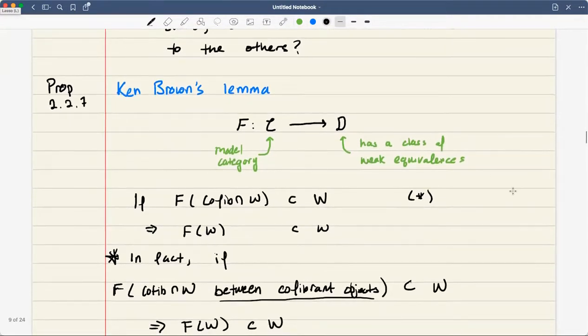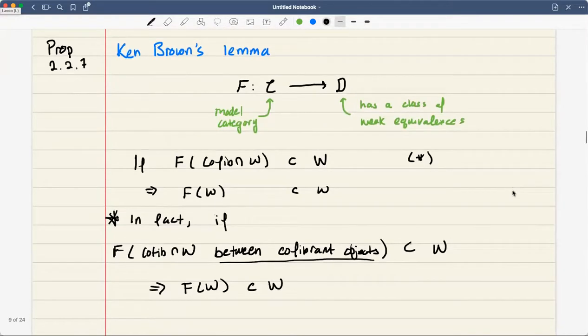Well, the first lemma that addresses this is this really famous lemma called Ken Brown's lemma. It basically says if you have a functor from a model category to a category which has weak equivalences, then he wants to know, do the weak equivalences go to weak equivalences?